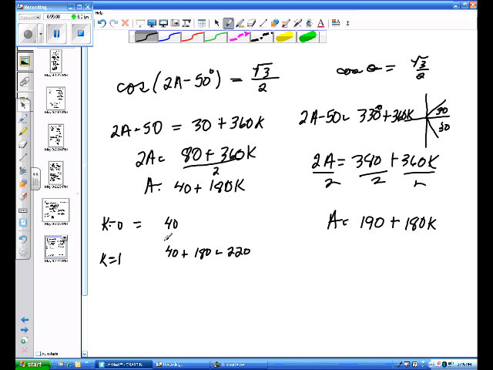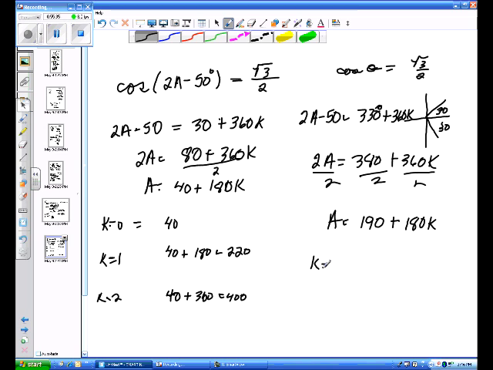And if k is 2, we could go on up. That would be 360 plus 40, which equals 400, and we could keep going.